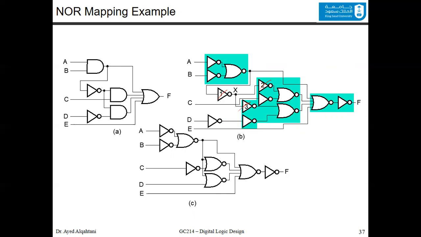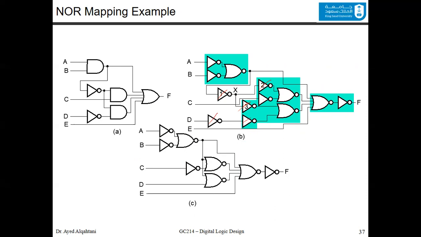And you will end up with all this resulting circuit if you also cancel those 2 inverters in this line. So you will have 3 inverters, those 3 inverters, and you will have 4 NOR gates, and this inverter at the end.